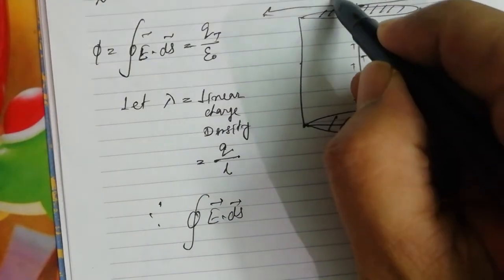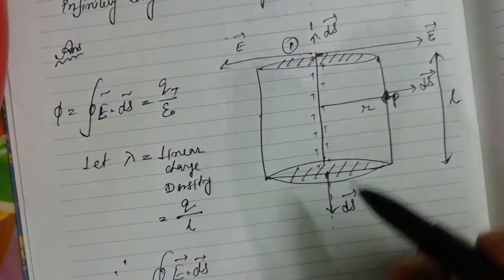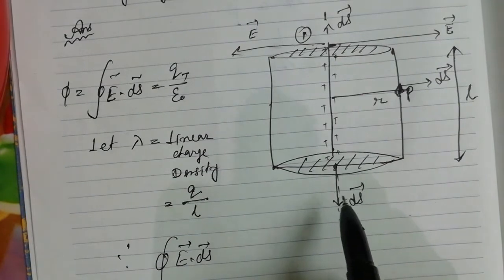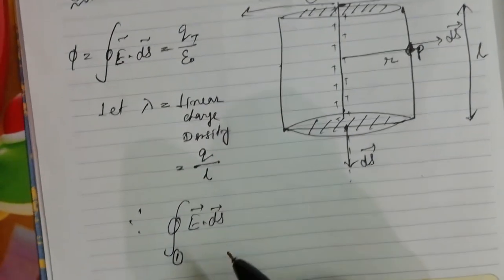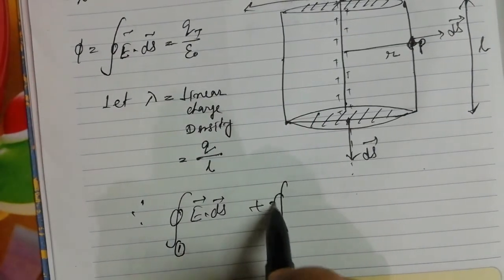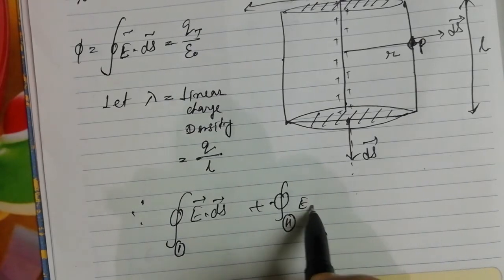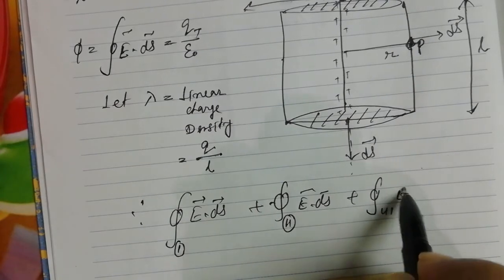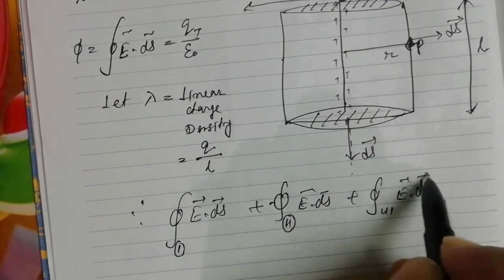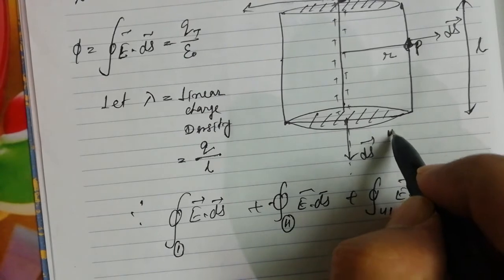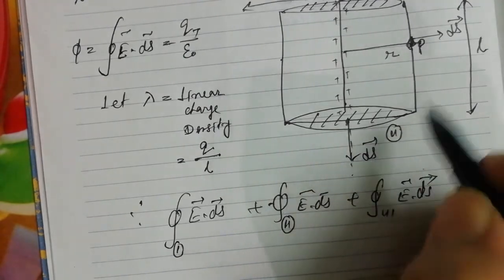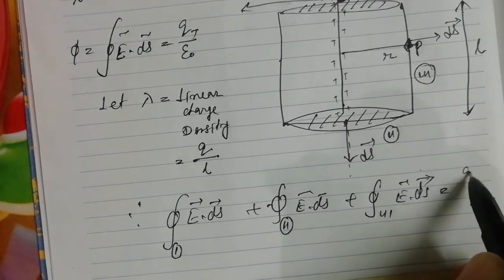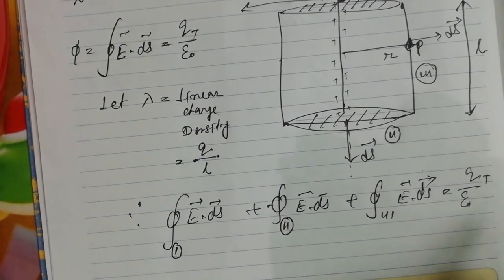Let us assume this surface is number 1, and this is for number 1, this is for number 2, and this is for number 3. Let us assume this is the number 2 surface, and this is the number 3 surface, the body part. So this is equal to Q by epsilon naught, the total charge.